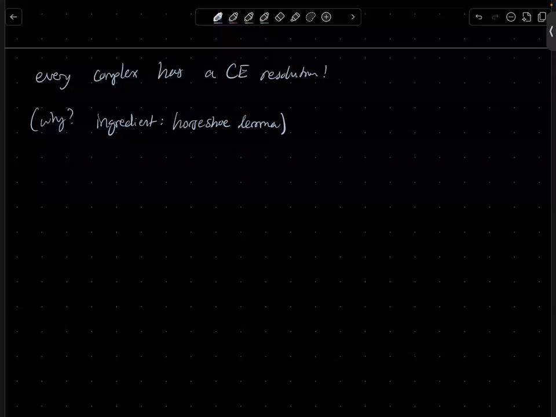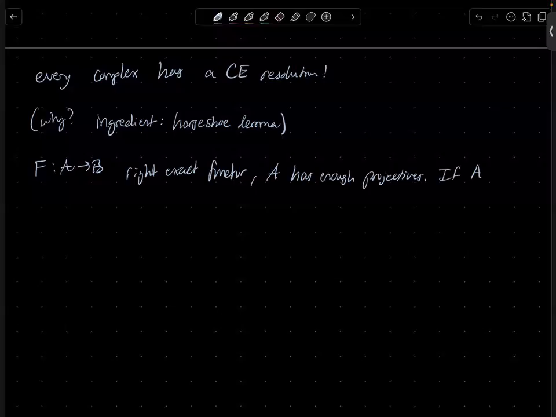And yeah, maybe I'll just write down the definition of the hyperderived functor. So if I start with F from A to B, these are abelian categories. So if I start with, say, a right exact functor, and let's say A has enough projectives, then if I start with an object or a complex A, maybe I should not put the bullet down.